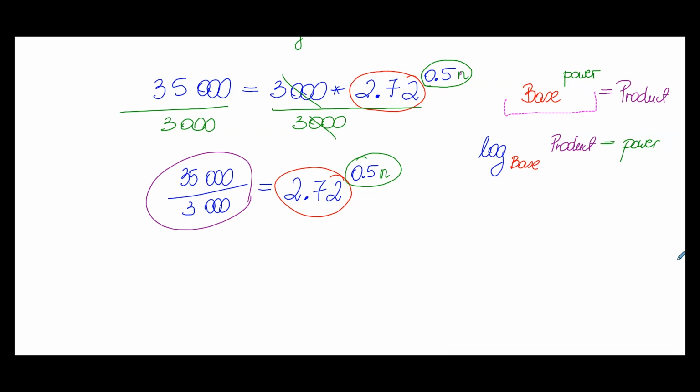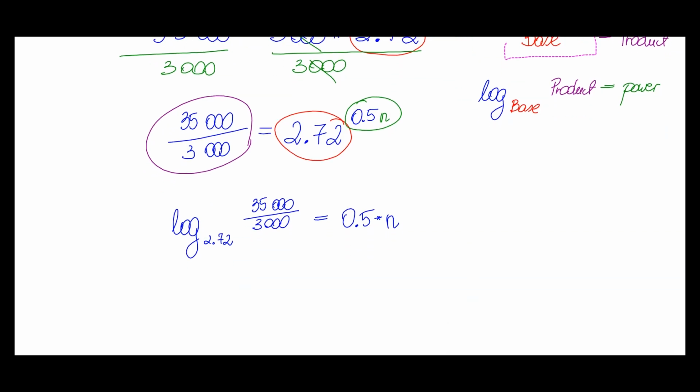So now I can say, I am looking for power of what base? 2.72 of what product? 35,000 divided by 3,000. And I put that in my calculator, and that will give me the power, which is what? 0.5. N means what? 0.5 multiplied by n.